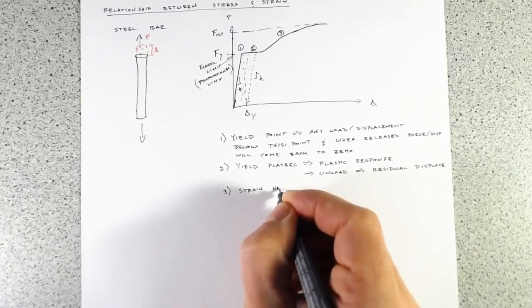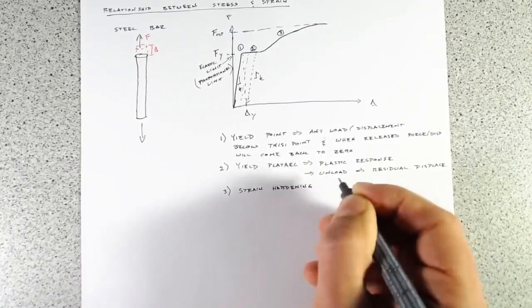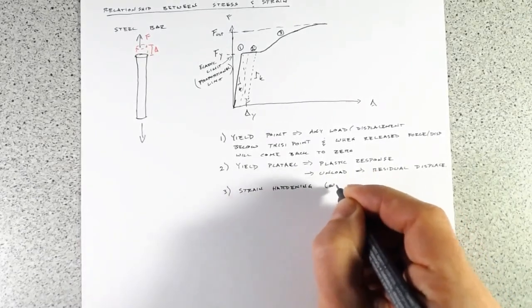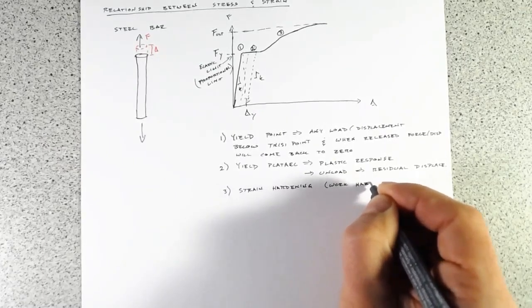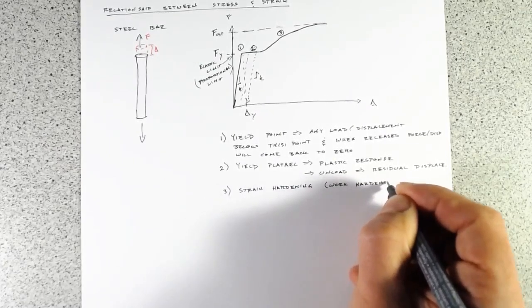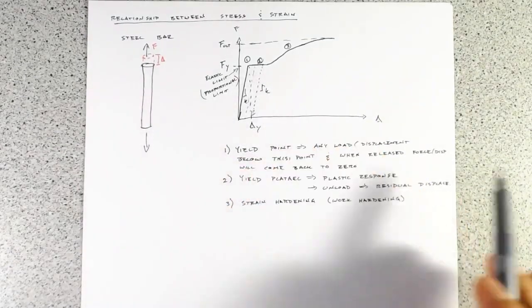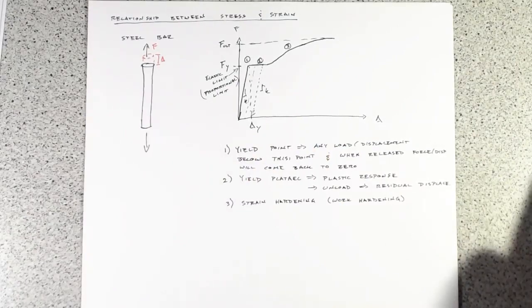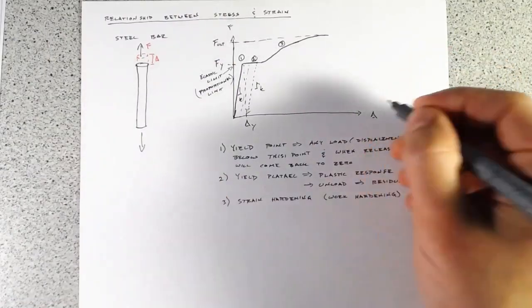Strain hardening. You sometimes might hear it referred to as work hardened. And what's occurring in this area is that the steel molecules are actually rearranging themselves. And through that rearrangement, they can actually take greater load. And we'll go all the way up to some ultimate displacement.